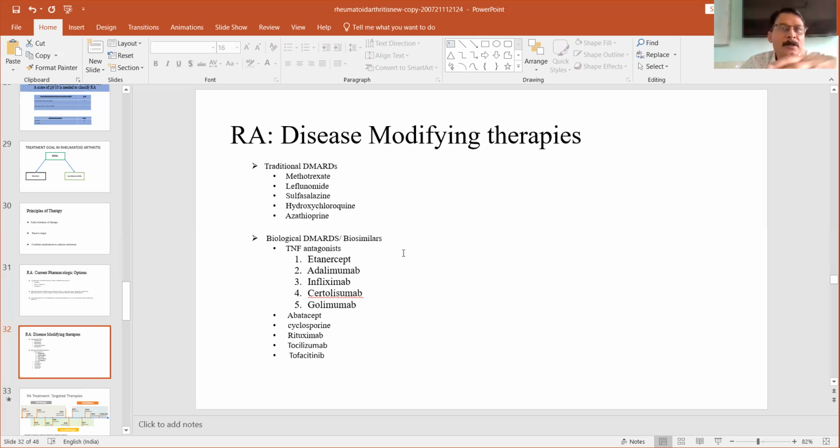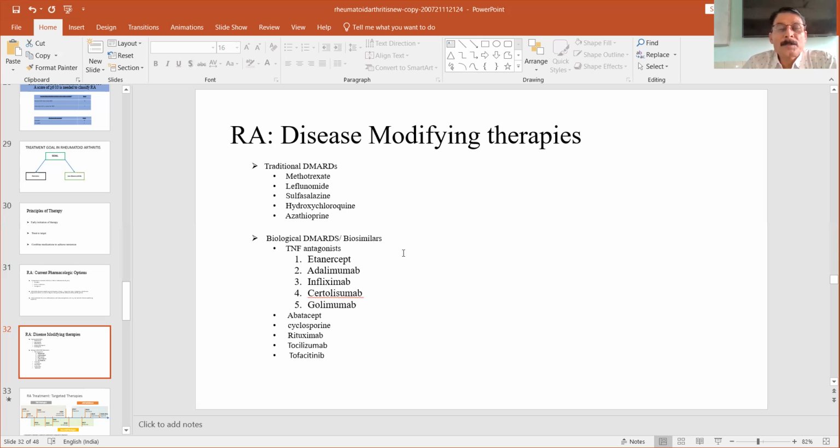One is acute flare, where you give systemic IV steroid to reduce it. Then as bridge therapy, or as intra-articular injection in a case where many joints are controlled, but one or two joints are not responding. One can give intra-articular steroid there to get this effectively. Understood? So these are the steroid protocols.